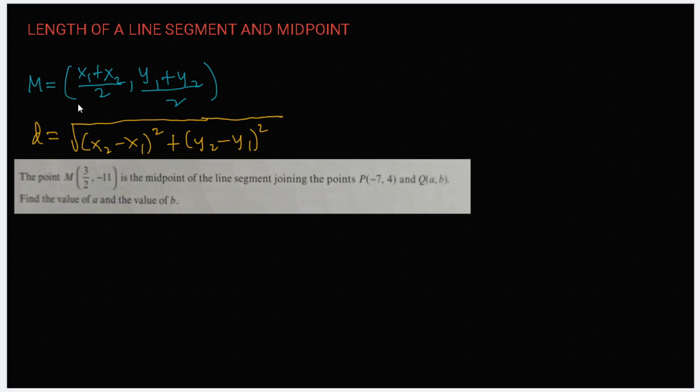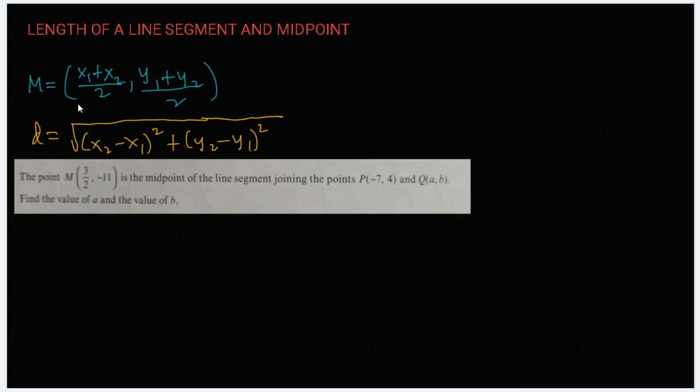However, this given problem is already a deeper part of the midpoint formula topic. Here, we are asked to find the value of a and the value of b given only one point, which is (-7, 4), and another given, the midpoint. So we will be using the midpoint formula.